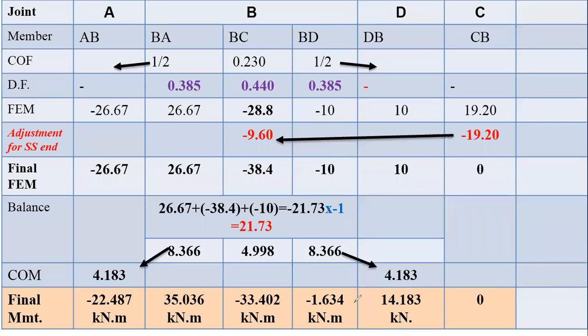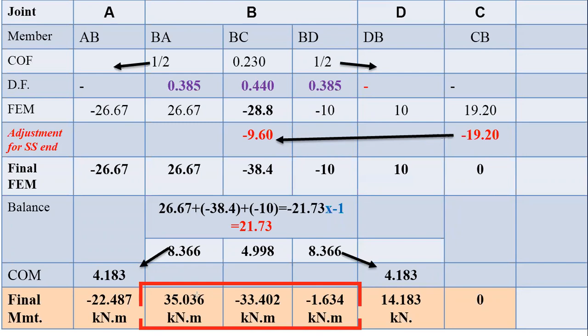Now what is your observation for joint B? At joint B, there are 3 members. So what final condition should we have there? If there are 2 members, we know that MBA plus MBC is equal to 0. But here at joint B, the summation of final moments should again be 0.